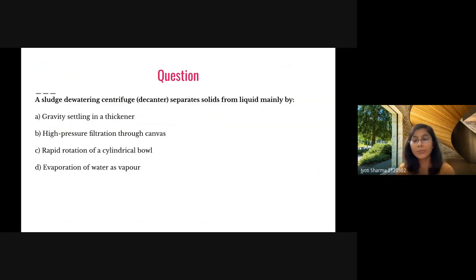So now you have to tell me the principle of the centrifuge. Okay, Venkateshwara and Dia both gave me a C answer. So yes, if it is a centrifuge, right, most of the time we have the rotation of some cylindrical thing. So let me show you.